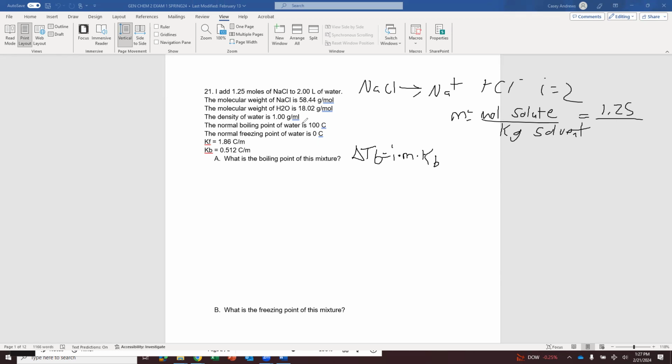Now our solvent. So we have 2 liters of water. So I want to convert that to a weight. And our density tells us that for every 1 gram, that is 1 milliliter of water. So I want my solvent to actually be in milliliters. For every 1 liter, there's 1,000 milliliters.